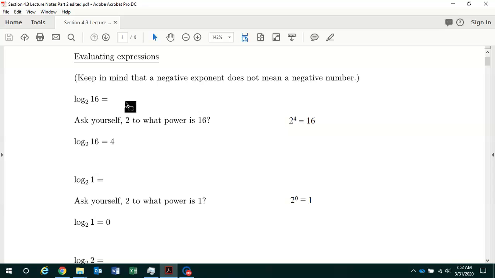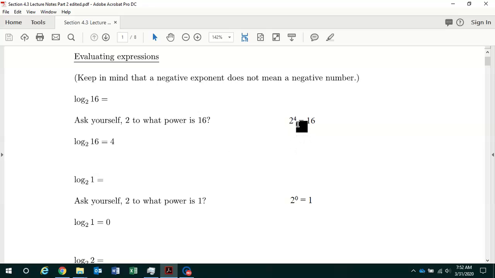What's that equal to? Well, the corresponding exponential equation is 2 raised to what power is equal to 16? Well, 2 to the 4th power we know is equal to 16, so log base 2 of 16 has to equal 4.